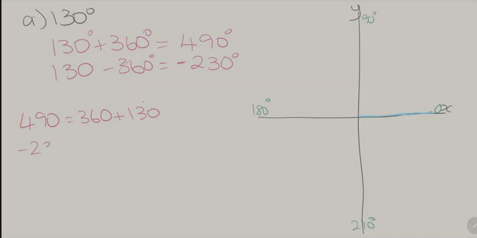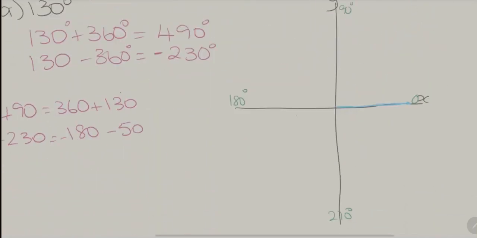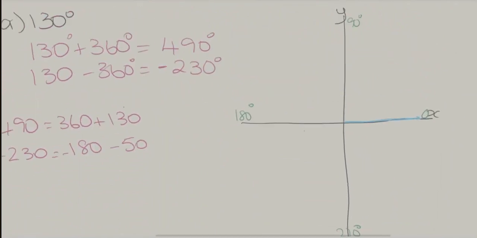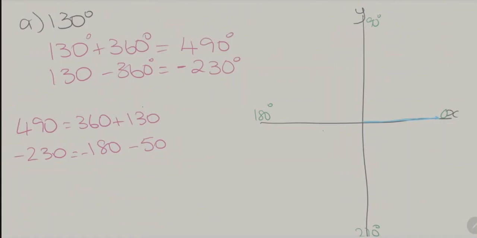And minus 230 is going to be a half turn of minus 180 and then another 50 degrees. So let's have a look. We're going to go from here, do a full circle, 360, 90, and another 40.